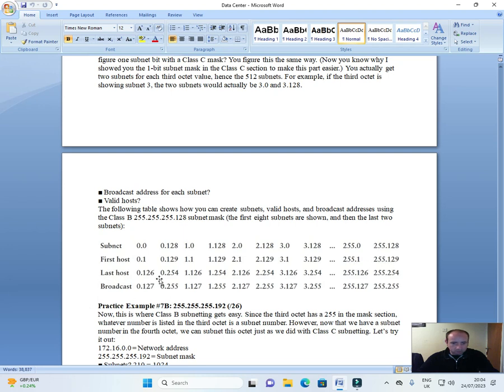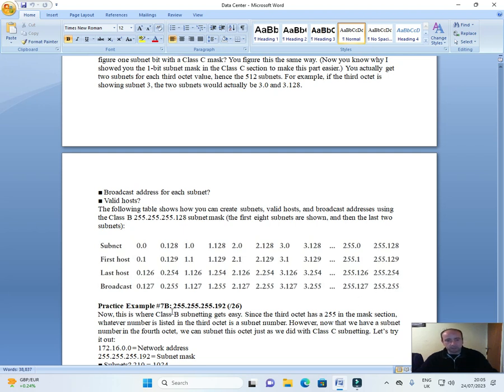Last host: 0.126, 0.254, 1.126, 1.254, 2.126, 2.254, 3.126, 3.254, 255.126, 255.254. Broadcast: 0.127, 0.255, 1.127, 1.255, 2.127, 2.255, 3.127, 3.255, 255.127, 255.255.